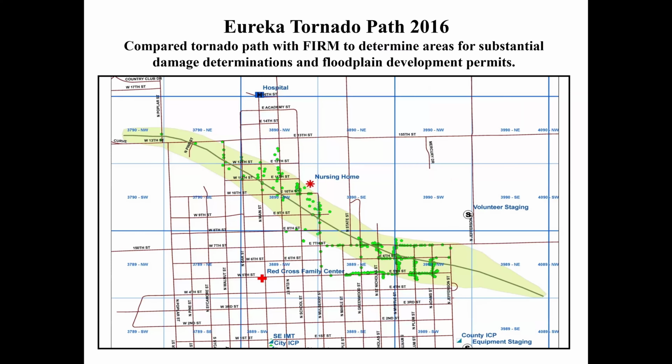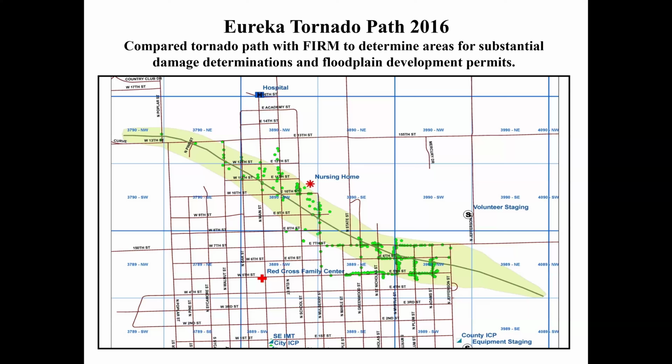So here's another example. We did show this map in our post-flood responsibility class, but basically when you have something happen, like here in Kansas, we have tornadoes that in this case basically followed the path of their floodplain, unfortunately. The green dots on here are the houses.